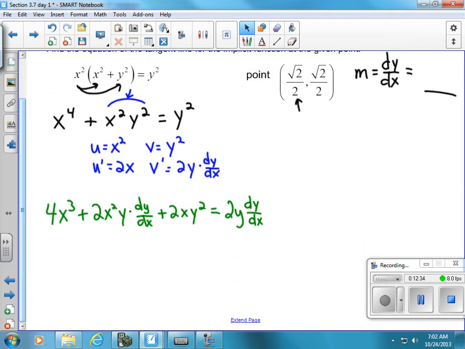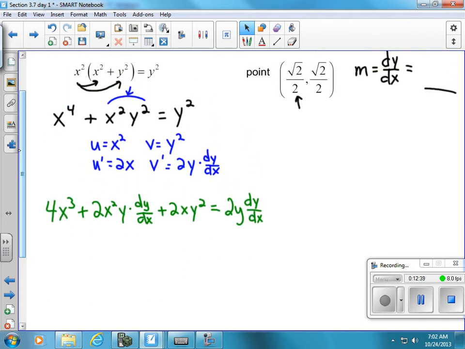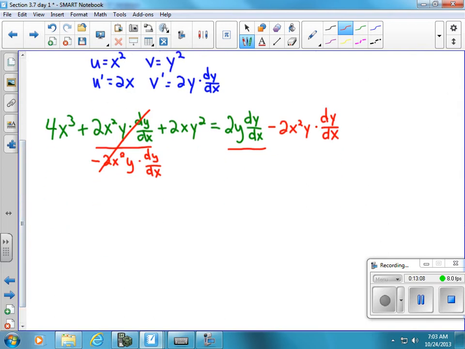Next, our challenge is to isolate the dy/dx terms on one side of the equation. So this term right here has a dy/dx on it, and this term has a dy/dx. So let's take this one and move it to the right. I think that'll be easier. So subtract that and subtract that over here. All right, so this goes away from our left-hand side.